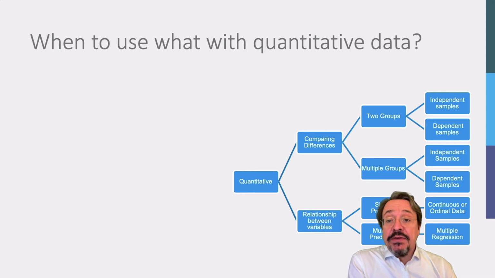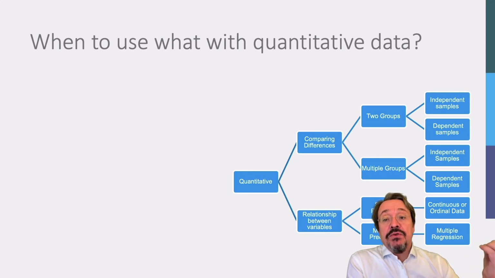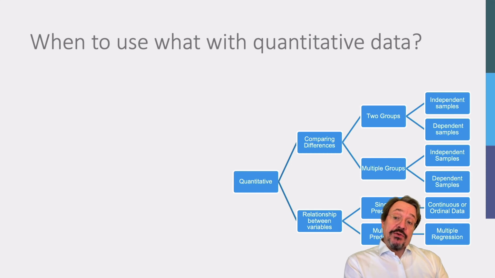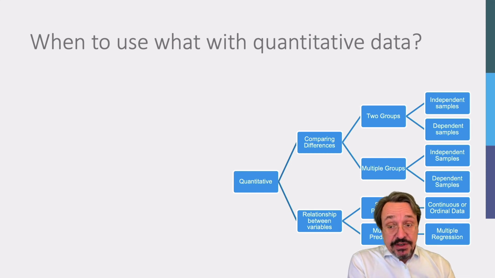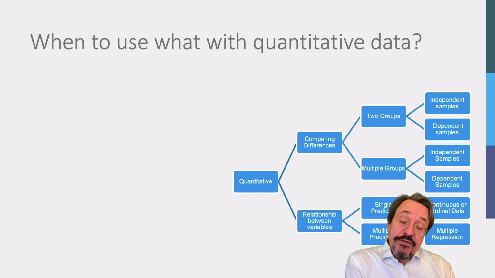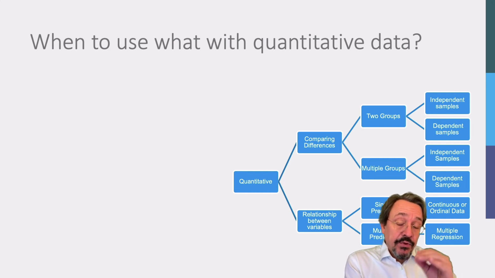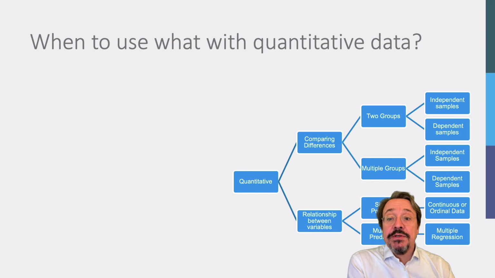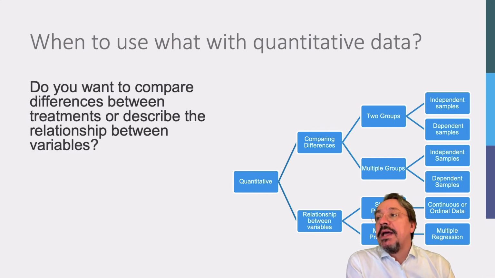And dependent on that, you use different sampling strategies, different measurements and different statistics. Or do you want to probably understand the relationship between variables? And then you have to decide, do you have a single predictor variable? Do you have multiple predictor variables? And that leads to the type of data you want to collect.